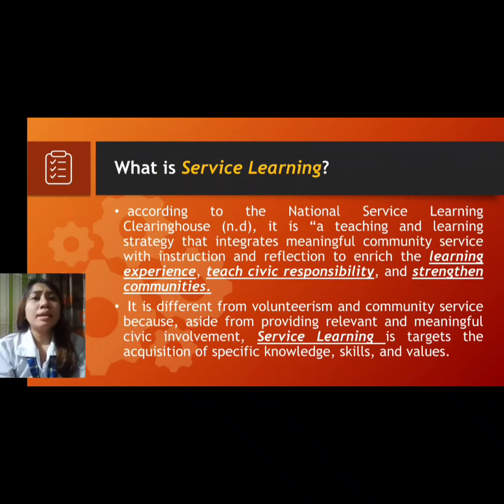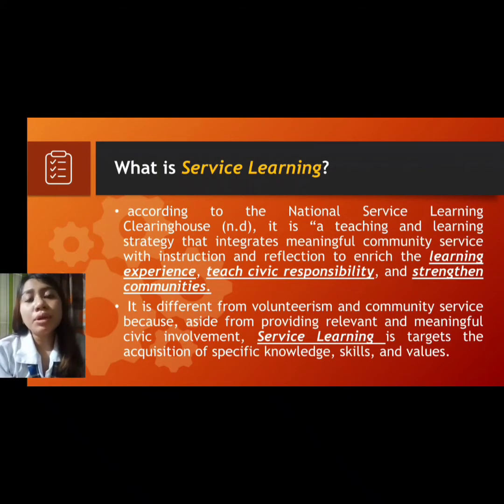So, this service learning daw ay iba sa volunteerism and dun sa mga ginagawa nating community service. Dahil daw, bukod daw sa ito ay isang relevant na gawain na activities, katulad nga kanina sa example sa introduction, na relevant yung topic ni Teacher Charmaine sa kung ano nangyayari sa community.